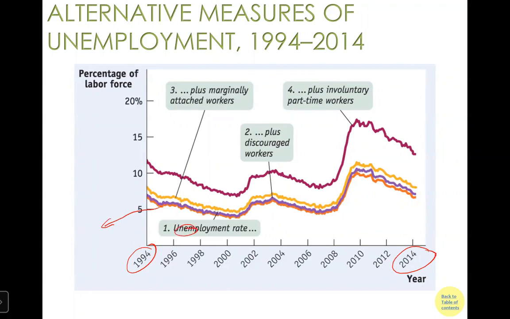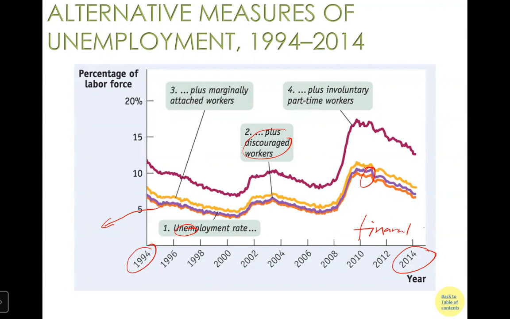Okay. But now if we factor in those discouraged workers, you can see this number start to go up. And interestingly, you can see that the gap between these two enlarges during deep recession, right? So this is the financial crisis.